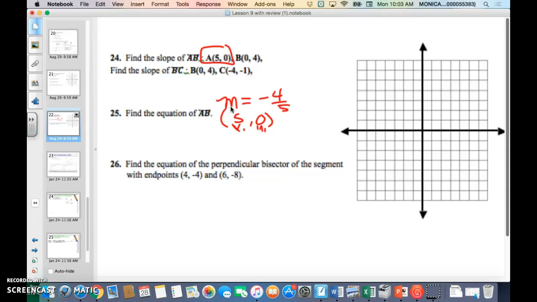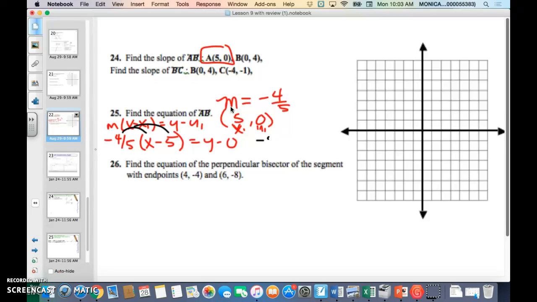All right, so then to find the equation, I have slope and a point, so I'm going to use that famous equation, m(x minus x1) equals y minus y1. M is negative 4/5. X minus 5 equals y minus 0. So now you distribute this here and this here.